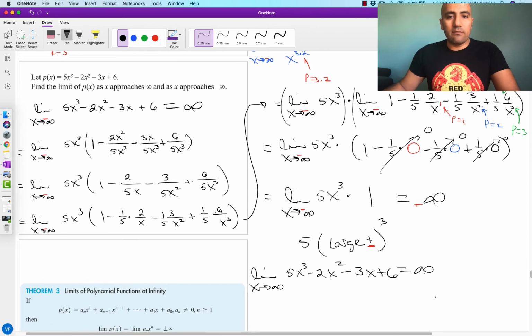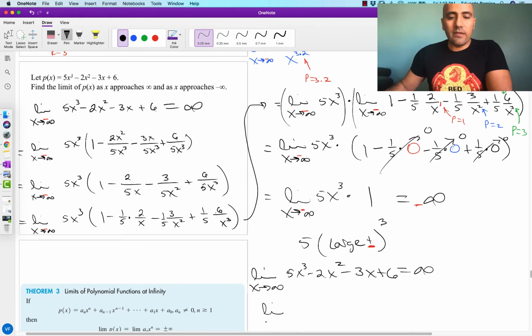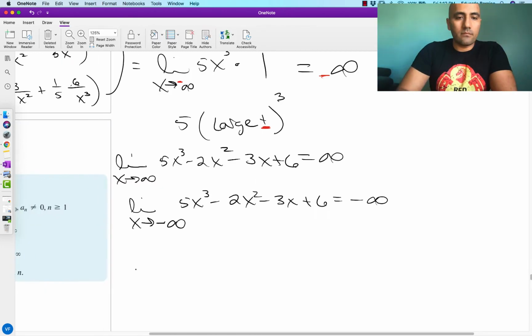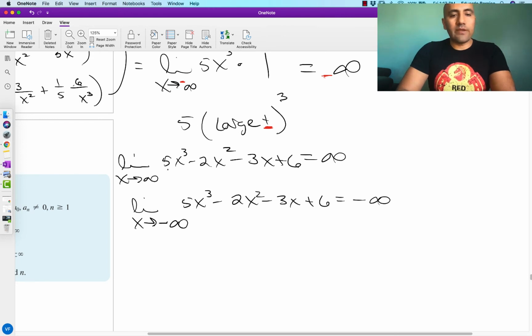And at the same time, the limit as x approaches negative infinity of 5x to the third power minus 2x squared minus 3x plus 6 is equal to negative infinity. The limit as x approaches infinity of 5x cubed minus 2x squared minus 3x plus 6 grows toward infinity. And the limit as x approaches negative infinity of 5x cubed minus 2x squared minus 3x plus 6 grows toward negative infinity.